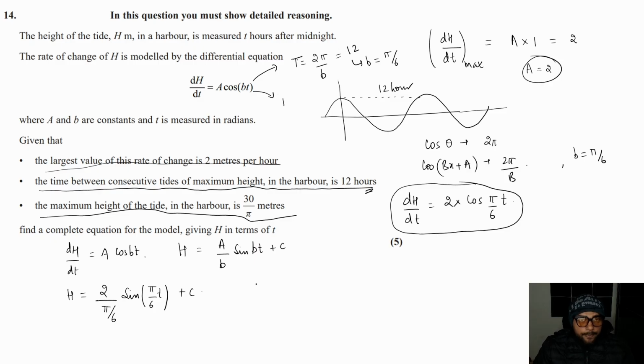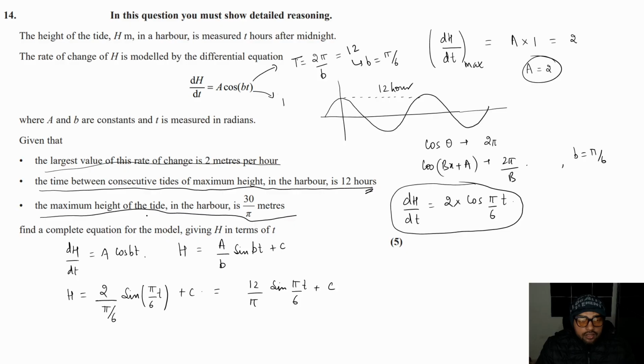If we deduce it further, we'll be getting 12 by pi sine of pi by 6 t plus c. In the question they have told the maximum height of the tide was 30 by pi. So the h component is given here: 30 by pi equals 12 by pi.